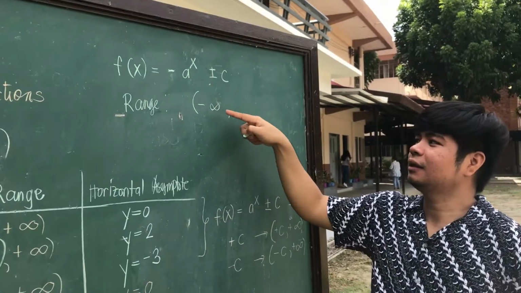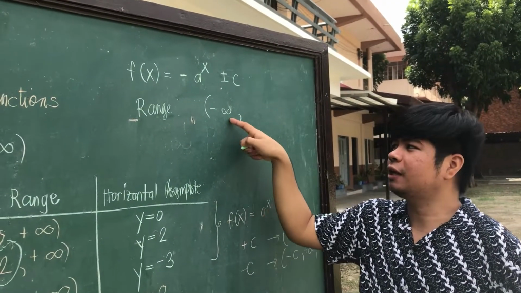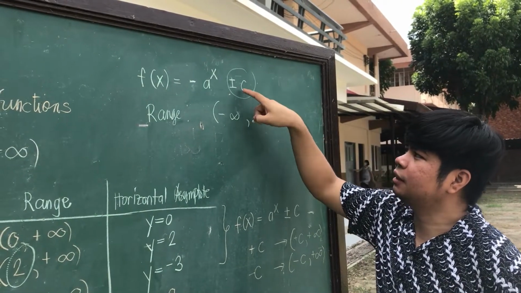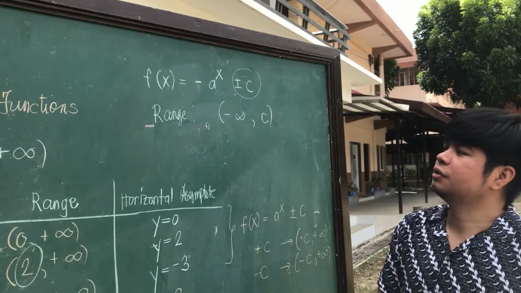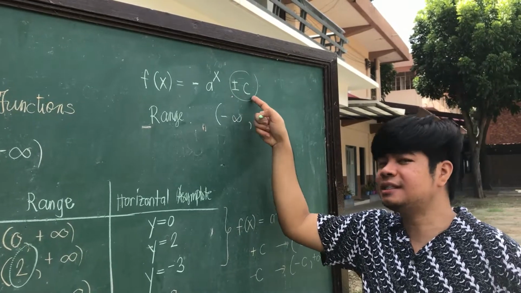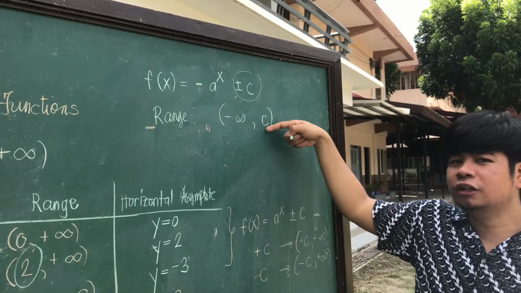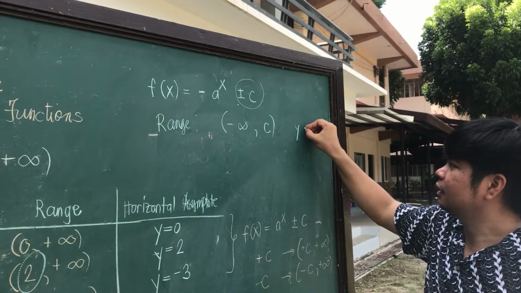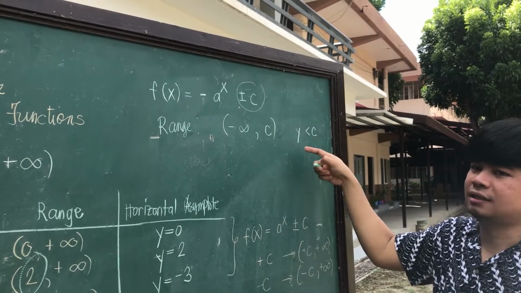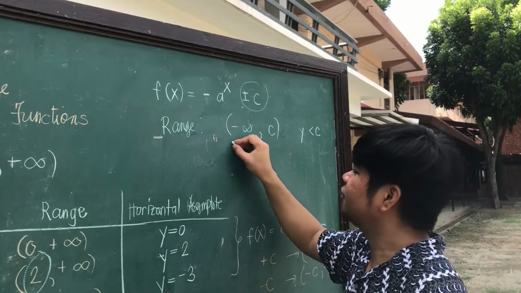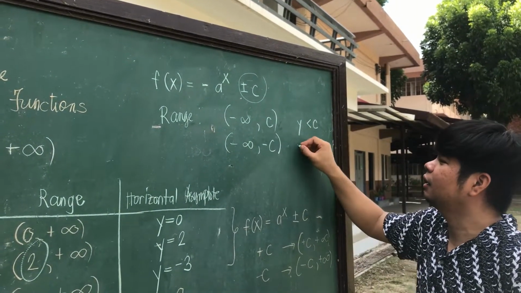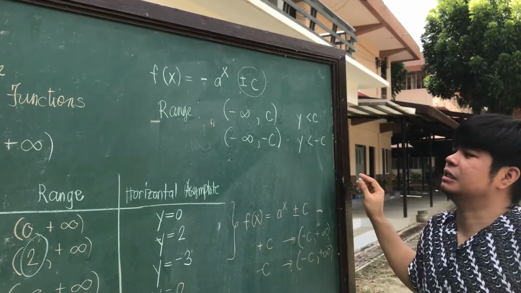And when all values of y keep on decreasing, so you need to observe here positive x. So when that is plus any real number c, then you have all numbers less than c. It means to say all numbers less than c here. Okay, but when you have negative c, so here y is less than negative c.